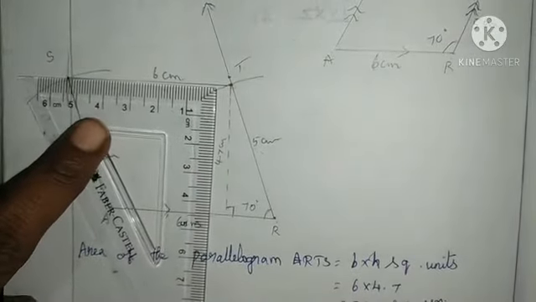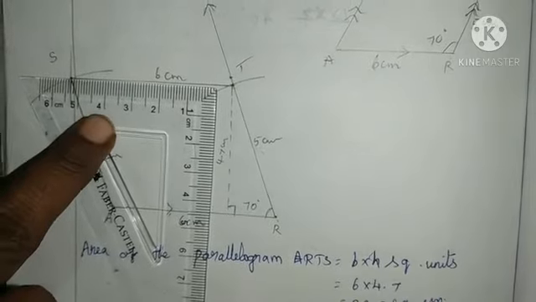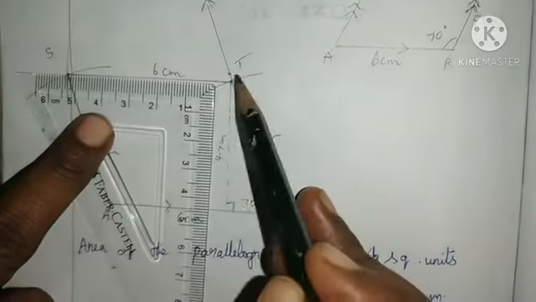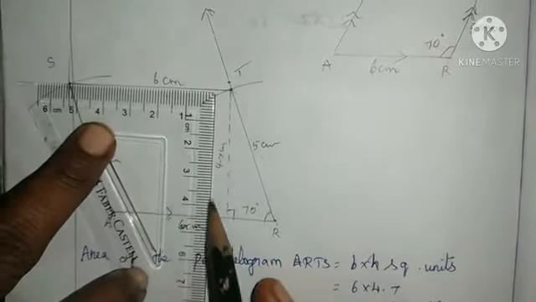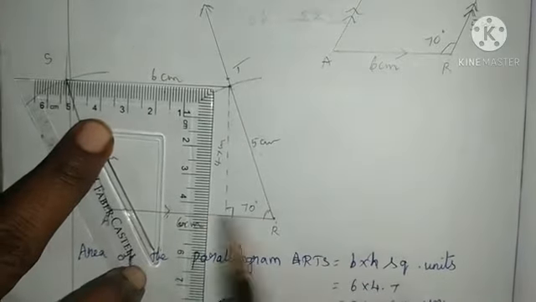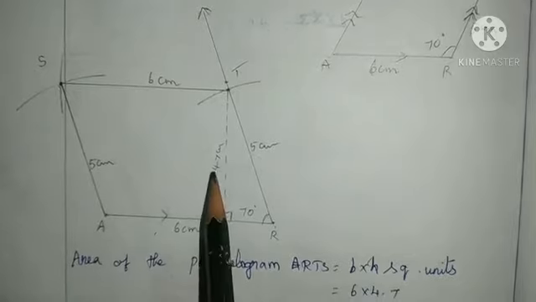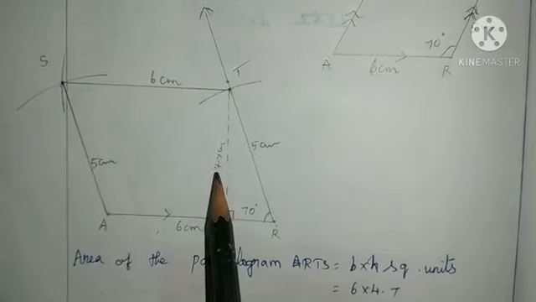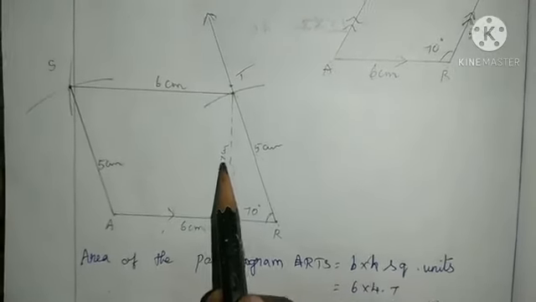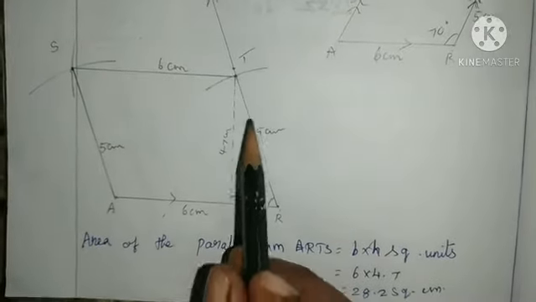Keeping this on the line ST, you have to draw the height of the parallelogram and you have to mark the length. Here the height of this parallelogram is 4.7 cm.